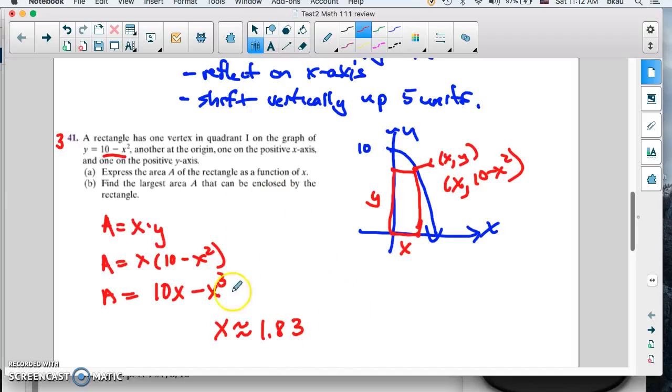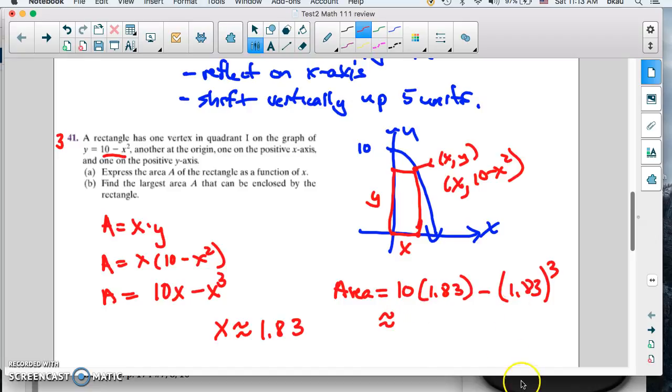Now, if we know that, then we can plug it in here to figure out what the actual area is. So area would be 10 times 1.83 minus 1.83 cubed.